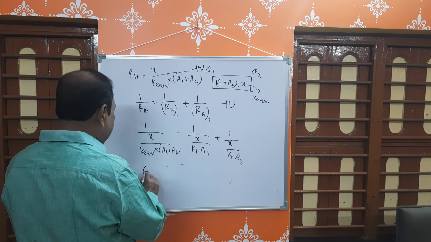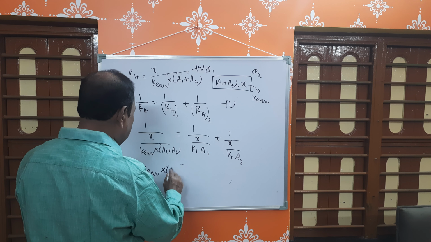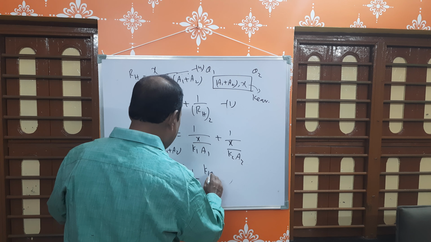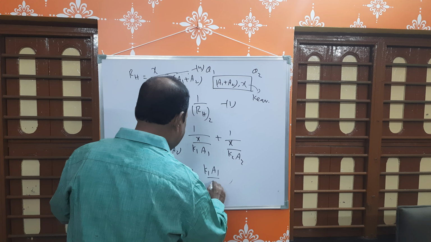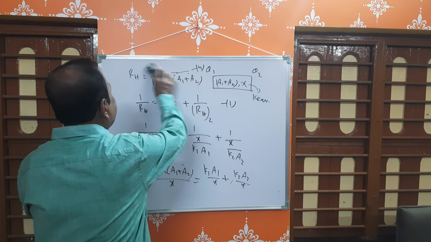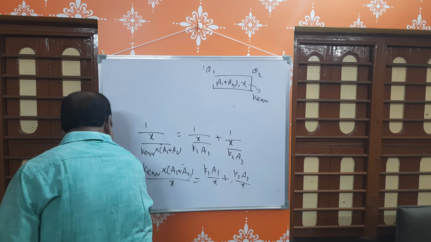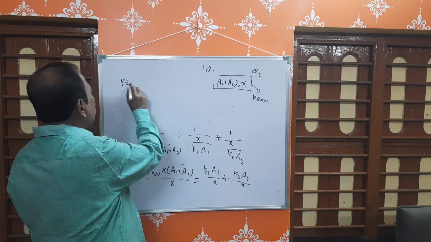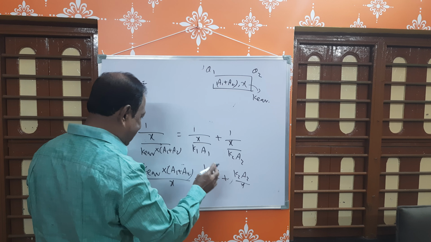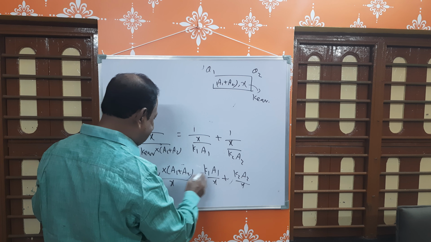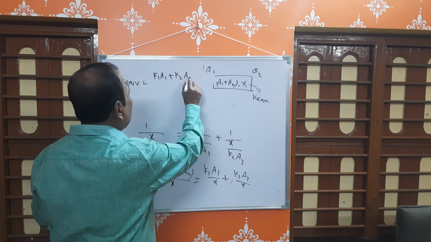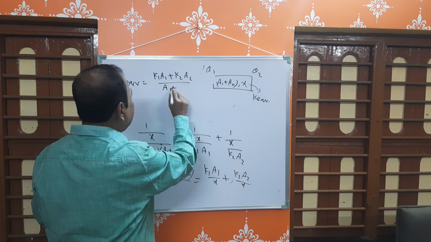So I can write K equivalent into (A1 plus A2) by X is equal to K1 A1 by X plus K2 A2 by X. So ultimately X cancels out, and we get the K equivalent formula: K equivalent is equal to (K1 A1 plus K2 A2) by (A1 plus A2).